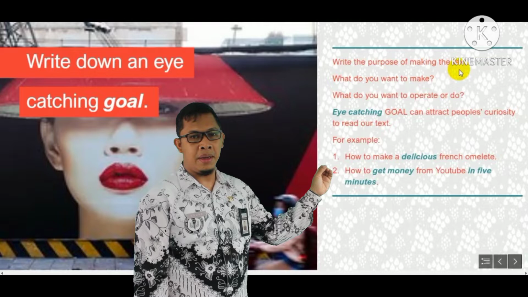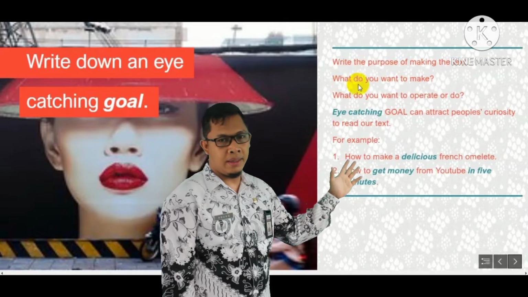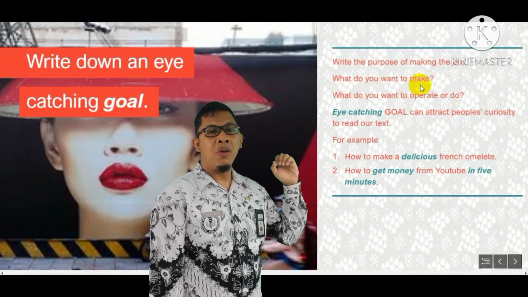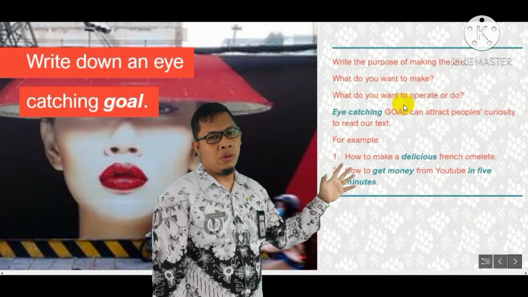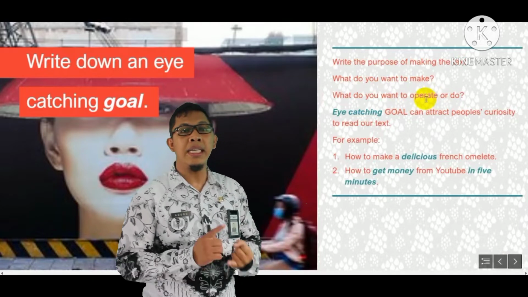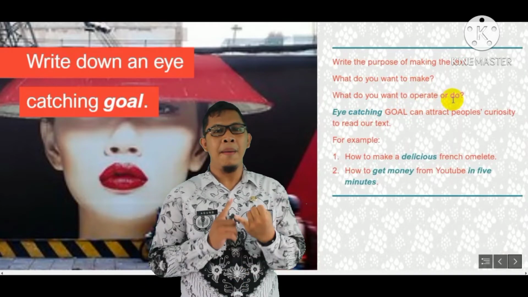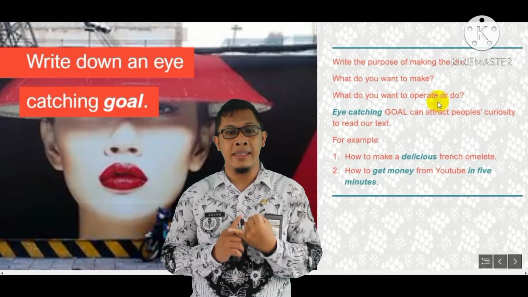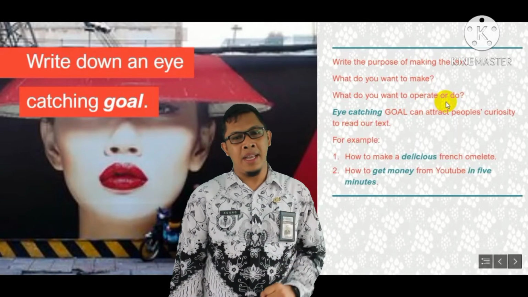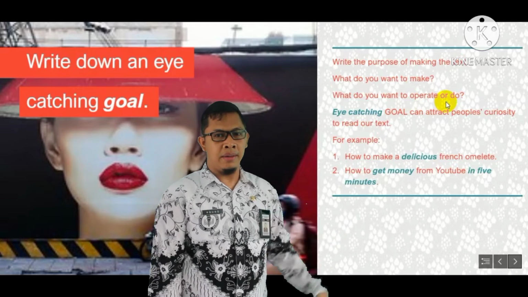Mau apa? What do you want to make? Apa yang mau kalian buat? And then what do you want to do or what do you want to operate? Apa yang ingin kalian lakukan dan apa yang ingin kalian operasikan. Jadi silahkan ditulis sebagai goal.